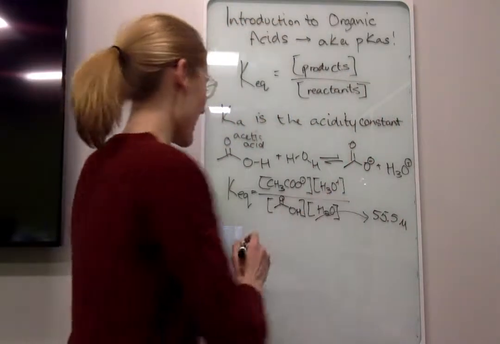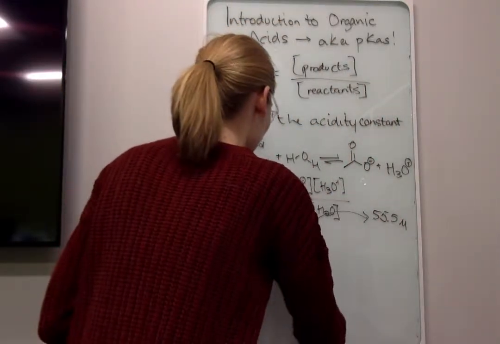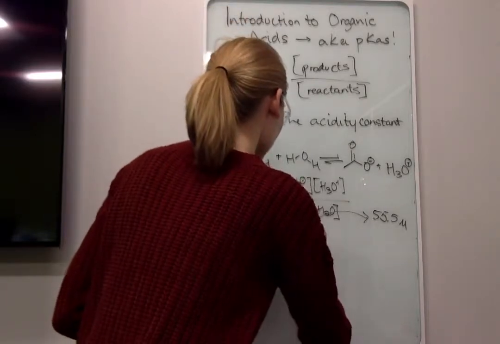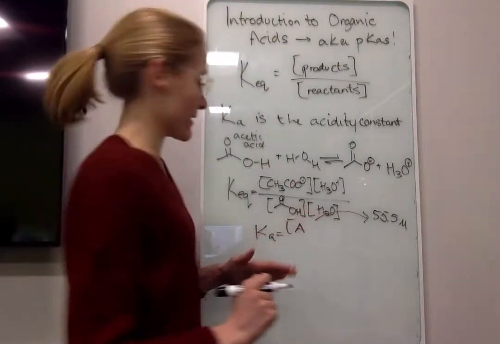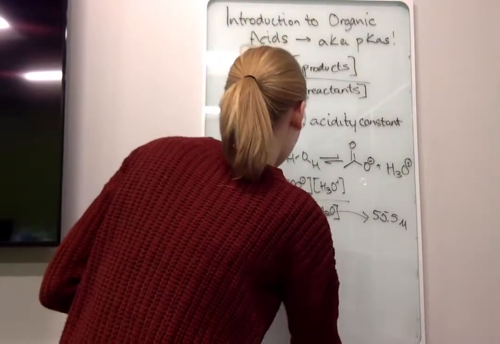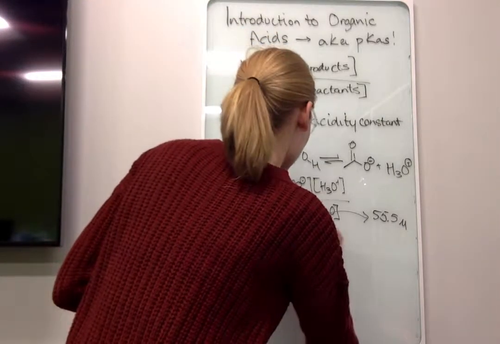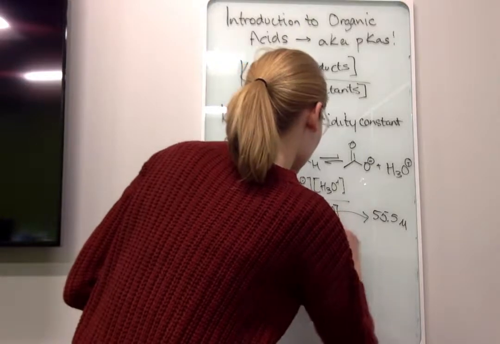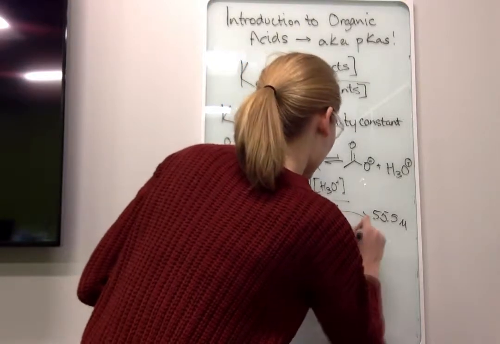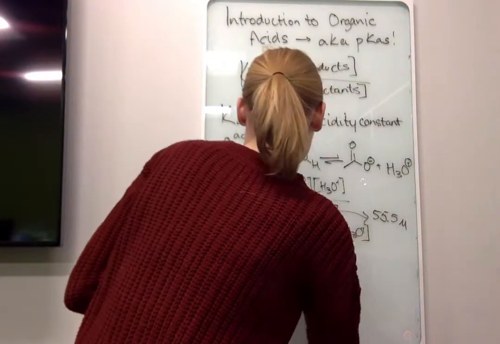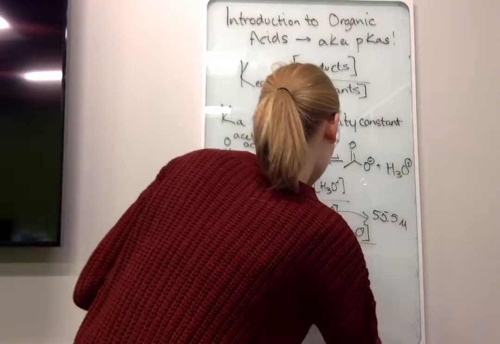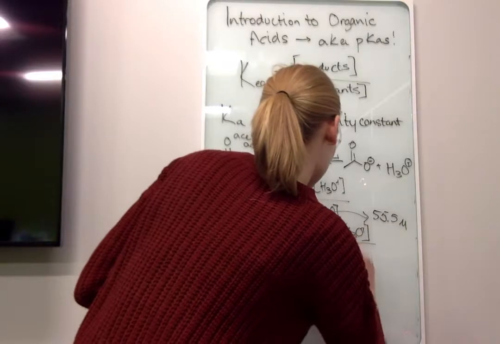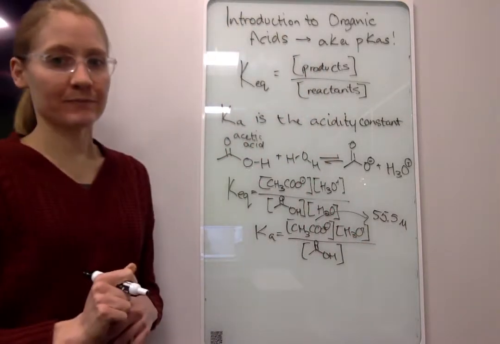So we ignore that and write Ka equals, in standard terms, CH3COO minus times H3O plus over the acid.